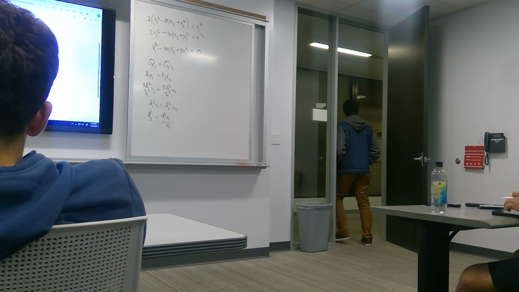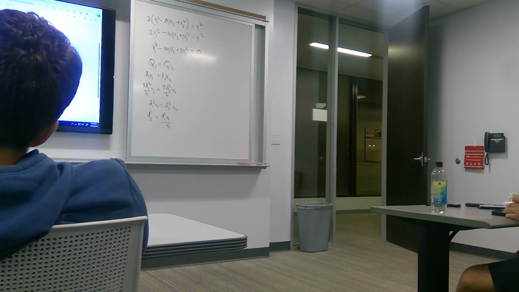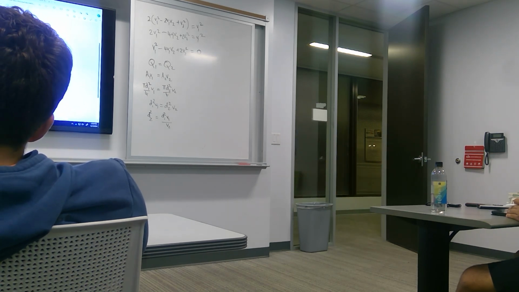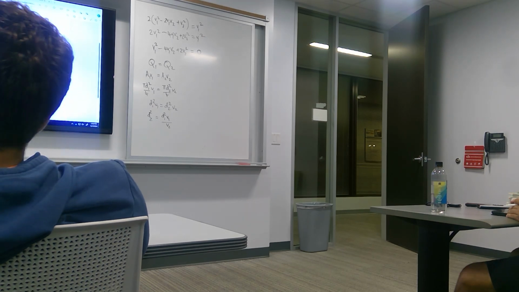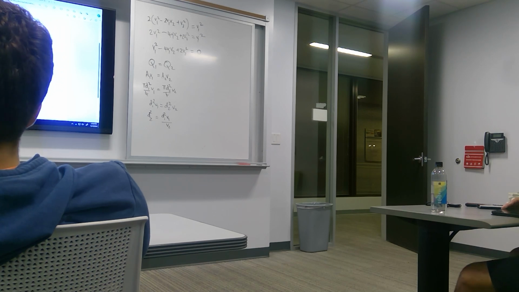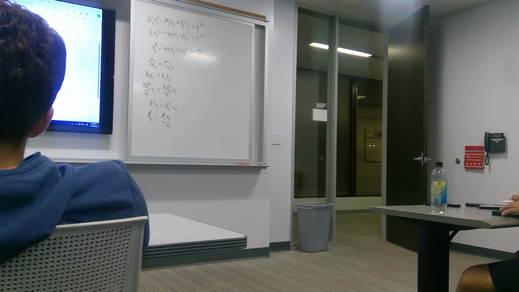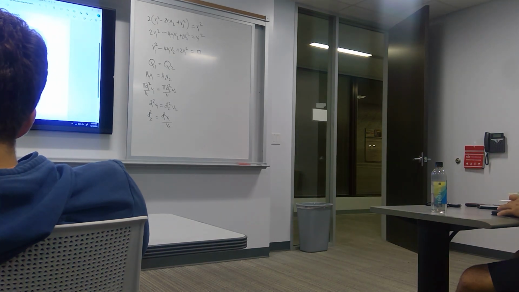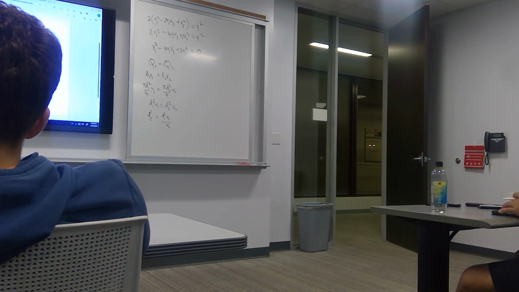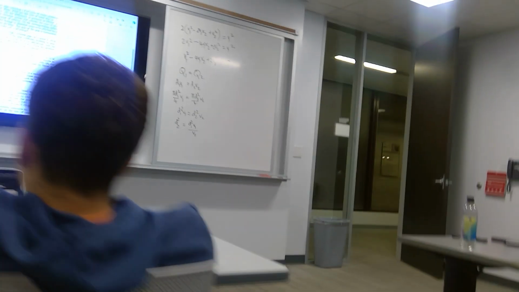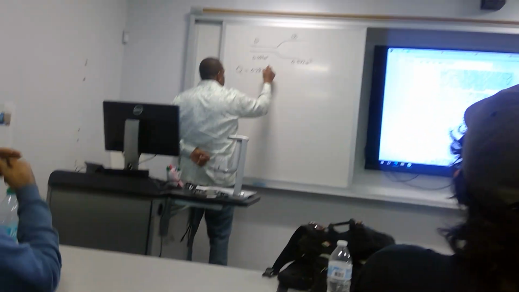The first pipe, our area was 0.093 meters squared, and the second one was 0.372 meters squared, and they told us Q was 0.283 meters cubed per second.